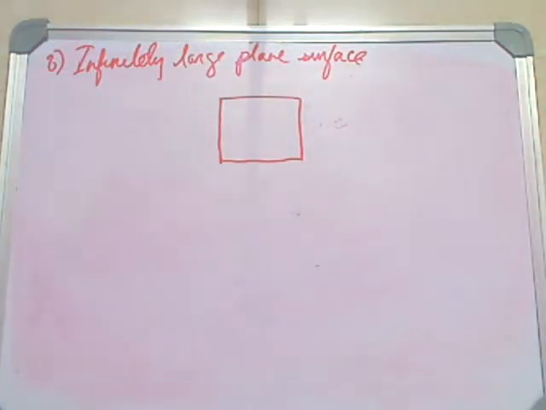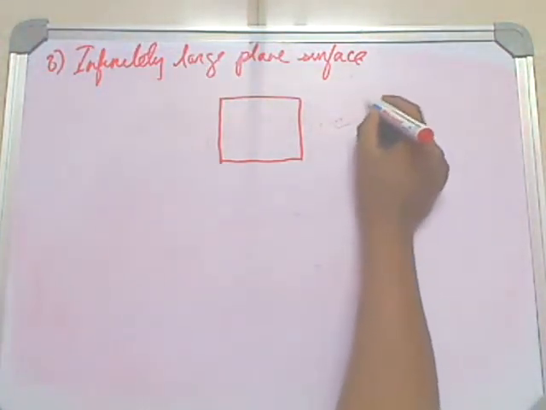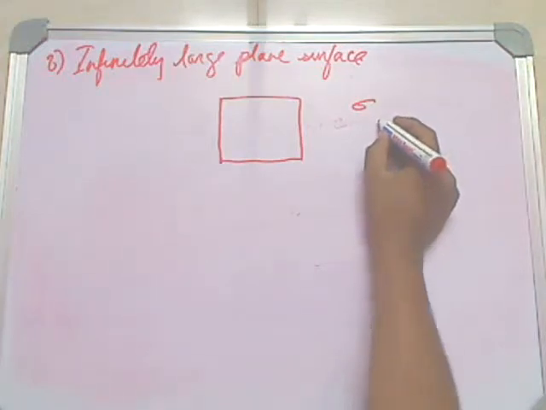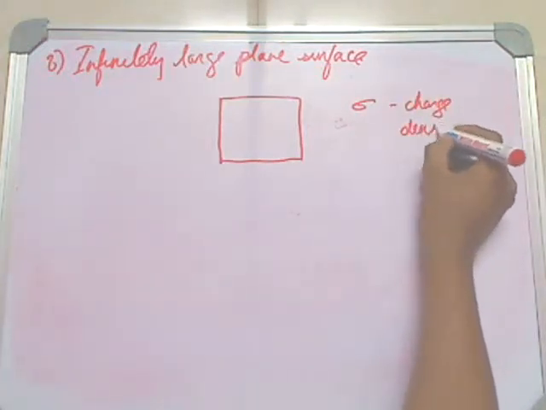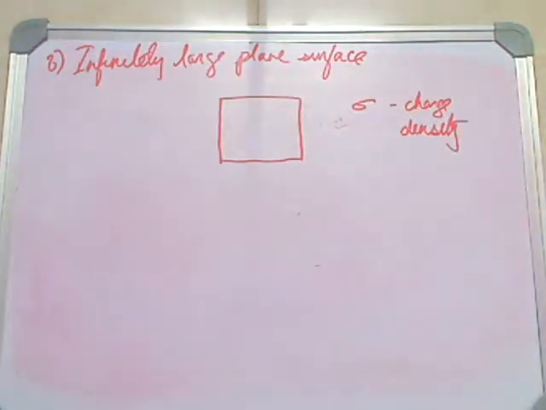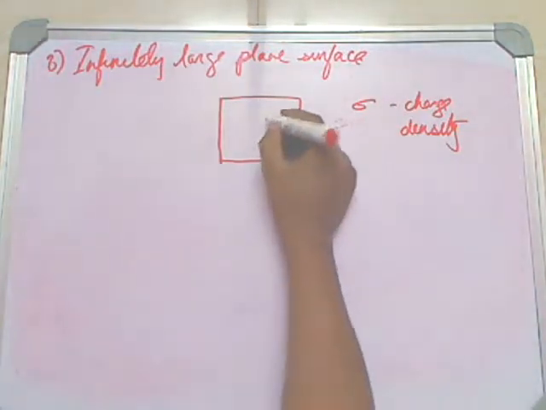So, for an object which is infinitely large, you consider sigma, small sigma, as the charge density. Okay, you consider the charge density as sigma.